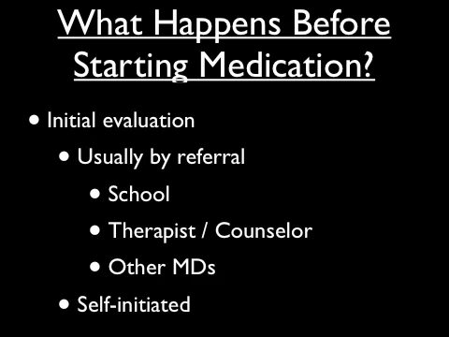The kids go to the pediatrician, the parents report some symptoms, and the pediatrician says, I think you need to go see this other physician, this psychiatrist. Family practice docs are another source of referral. And then who else? We have family members. When family members start mentioning that something's going on, maybe you need to take him to see a psychiatrist.